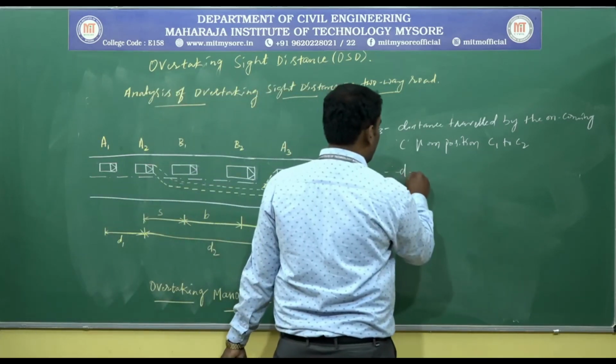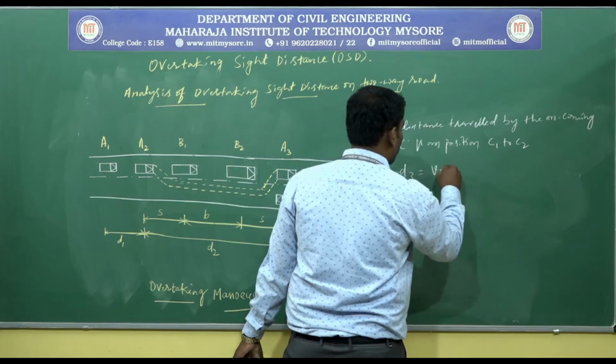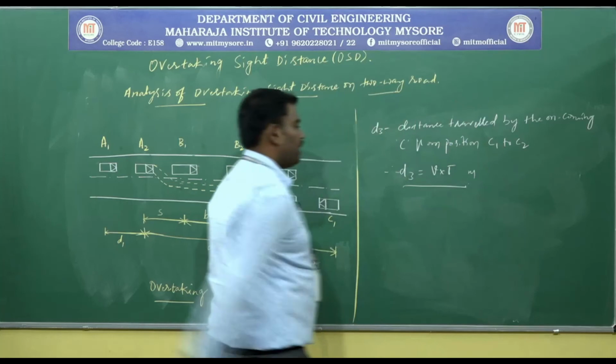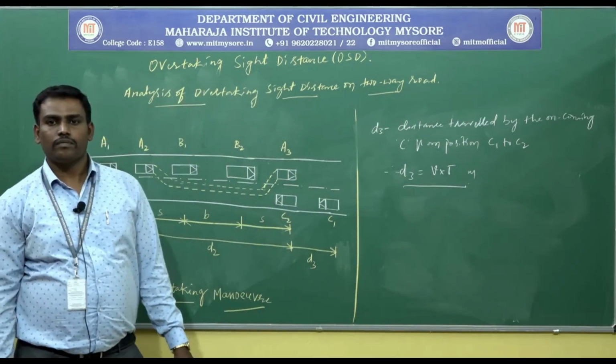Therefore, d3 is equal to V into capital T meter. Is it clear?